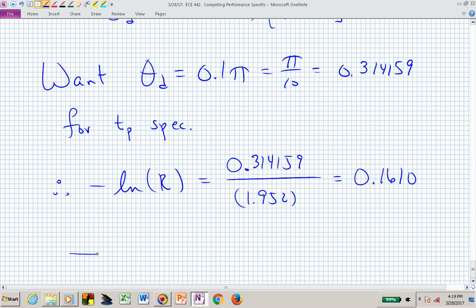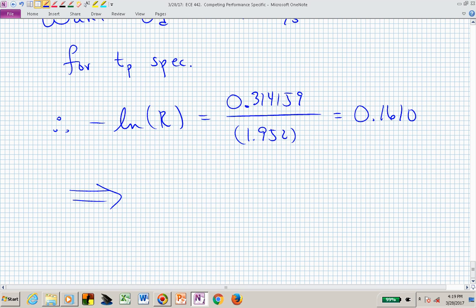We can now take the anti-log of both sides, and we now have r is equal to e to the minus 0.1610, or r is now 0.851.